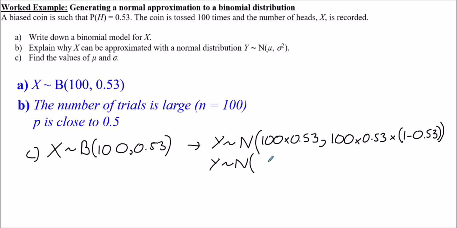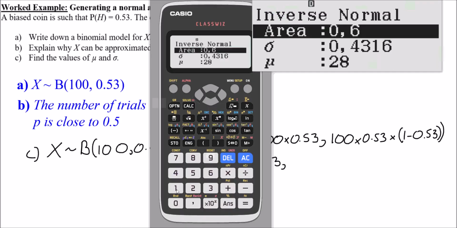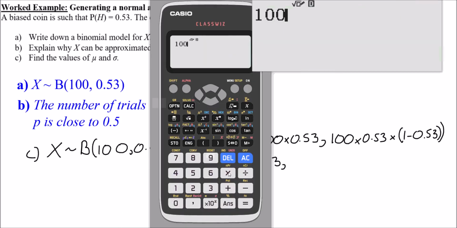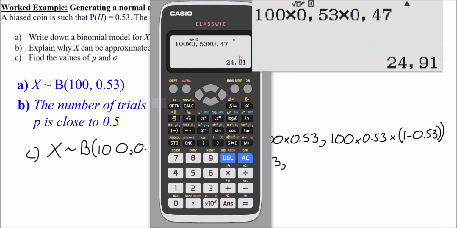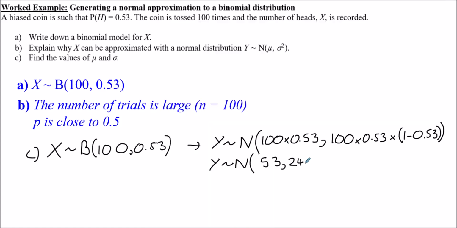So 100 times 0.53 is going to give us 53. And for this here, 100 times 0.53 times 1 minus 0.53, 1 minus 0.53 is 0.47. That tells us that the variance, not the standard deviation, but the variance, is 24.91. So in other words, the standard deviation is the square root of 24.91.